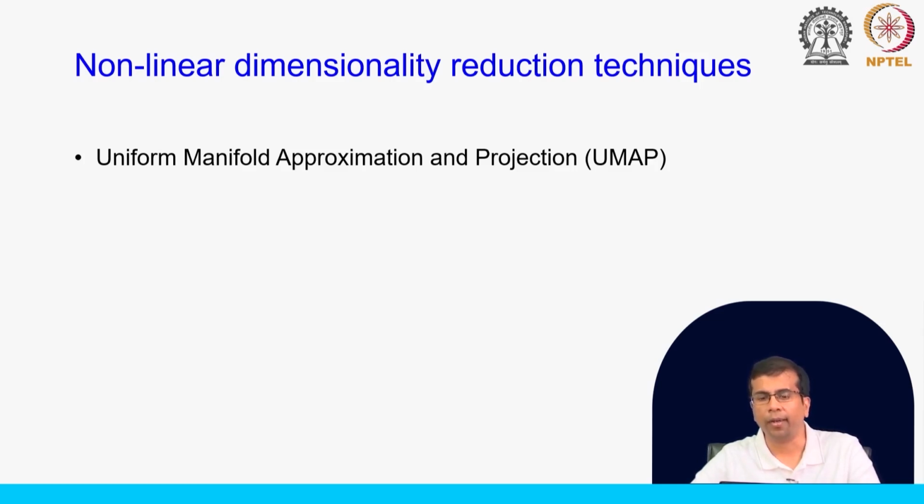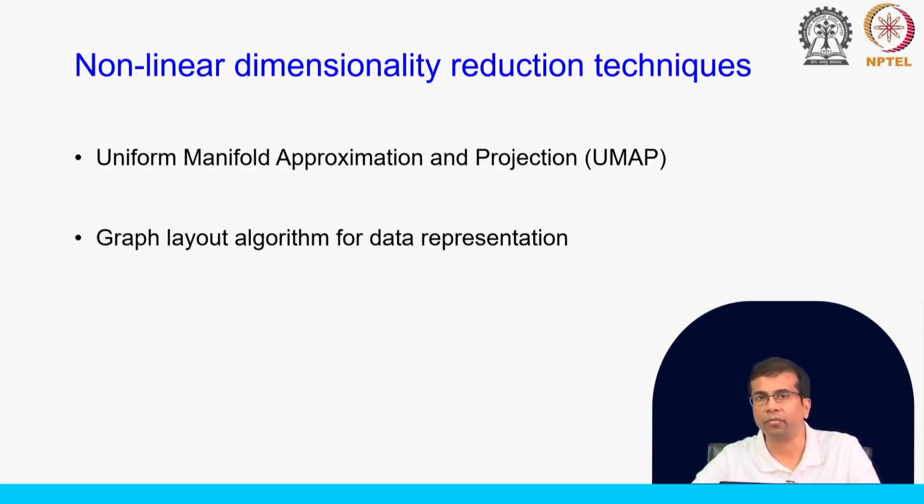Without going into the details, this is a graph layout algorithm for data representation. What is important to know is that we are again reducing dimensions, so we have UMAP 1, UMAP 2, similar to PC1, PC2, but these are not linear combinations of the features, which means this is not a very interpretable model. So, you cannot probably guess which features are important using this method.